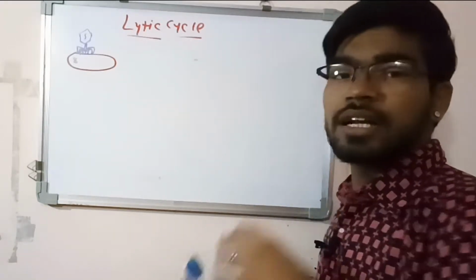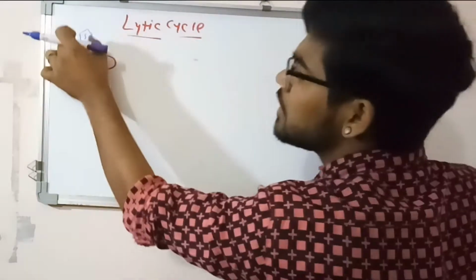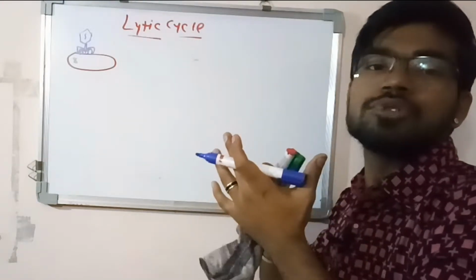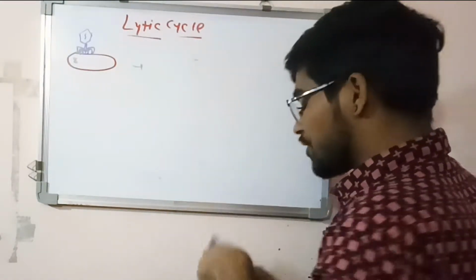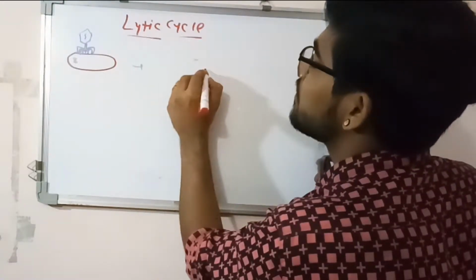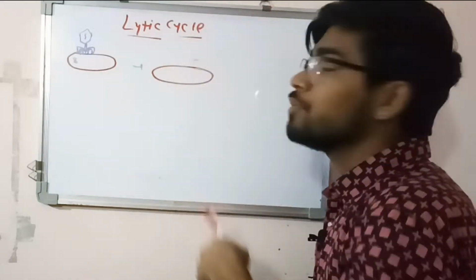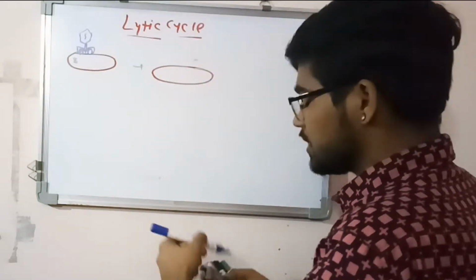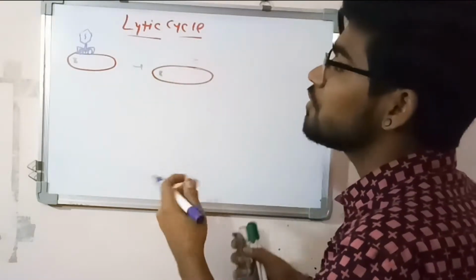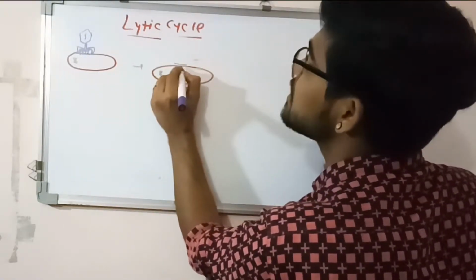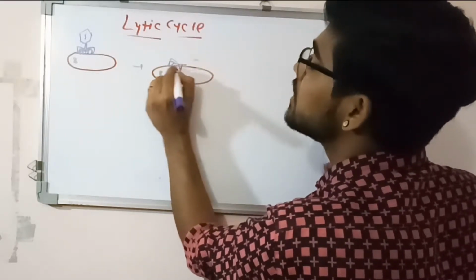So after the attachment, the middle sheath of the bacteriophage contracts and is bent, and the bacteriophage pushes down, driving the spike to penetrate the bacterial cell. The bacteriophage pushes itself down, so the spike goes inside the bacterial cell.